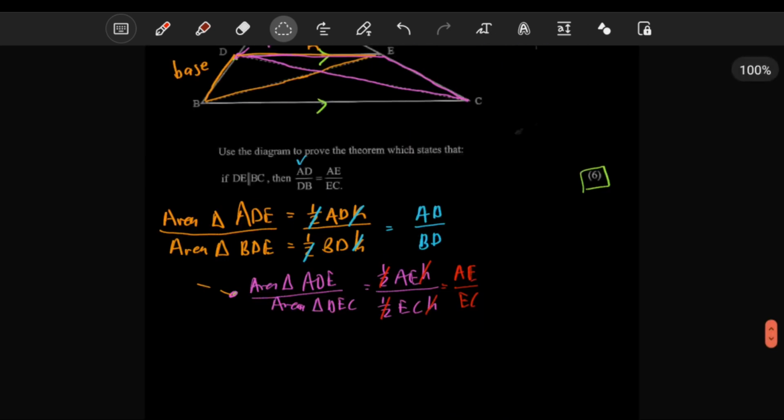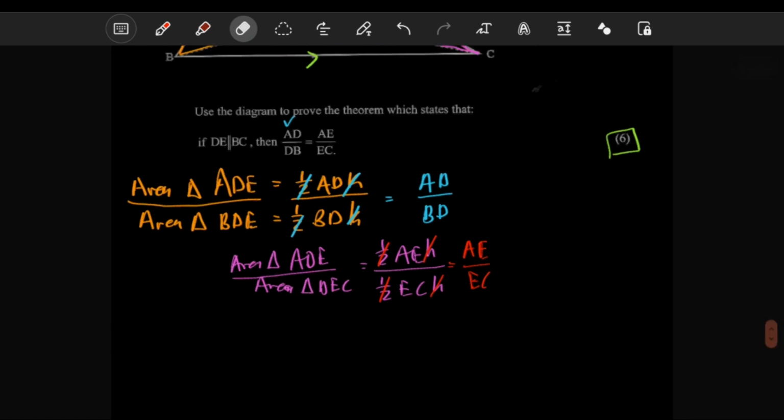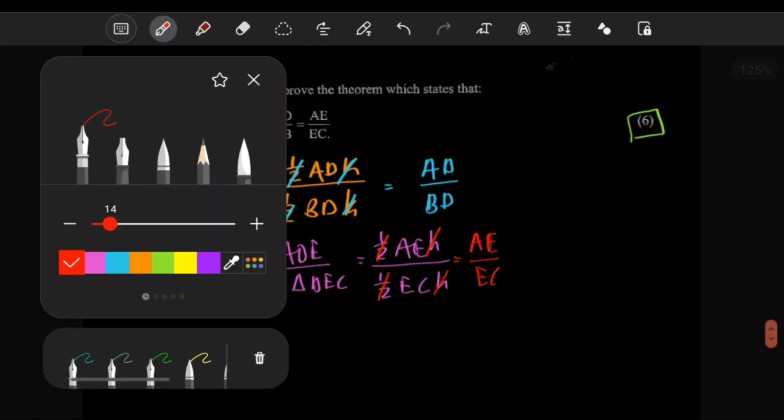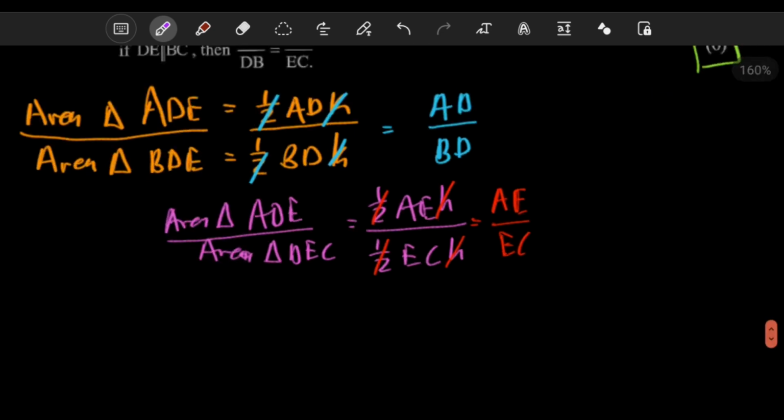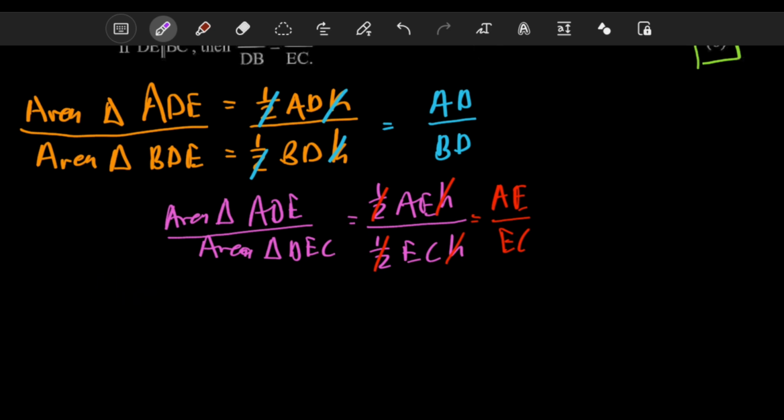Anyways, so here we need to state what we know about the area here and the area there. So we're going to state that they're equal, and the reason is areas of triangles between parallel lines. So what have you got next? It's area of triangle BDE is equal to the area of triangle DEC.